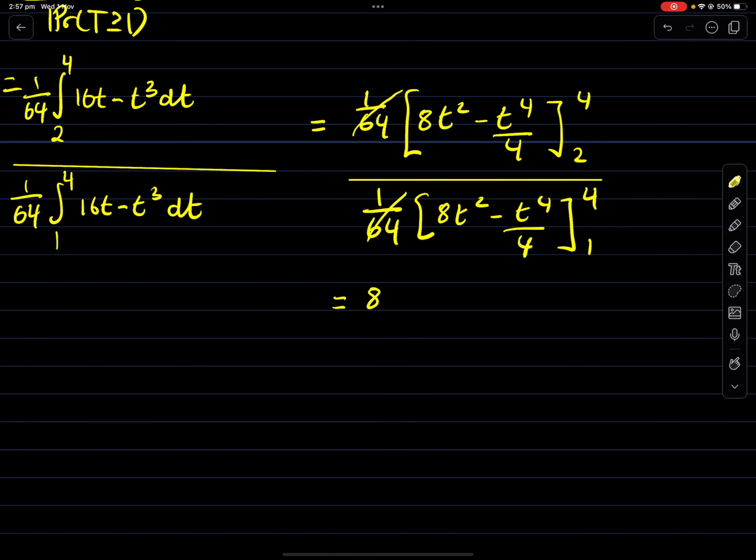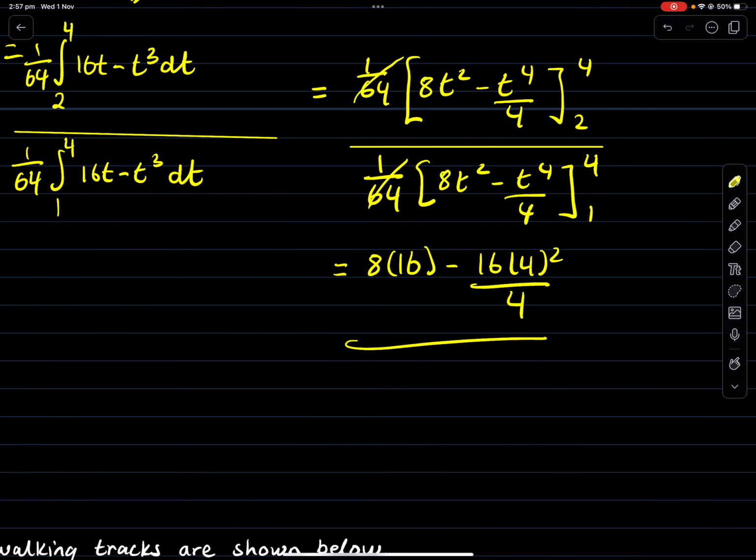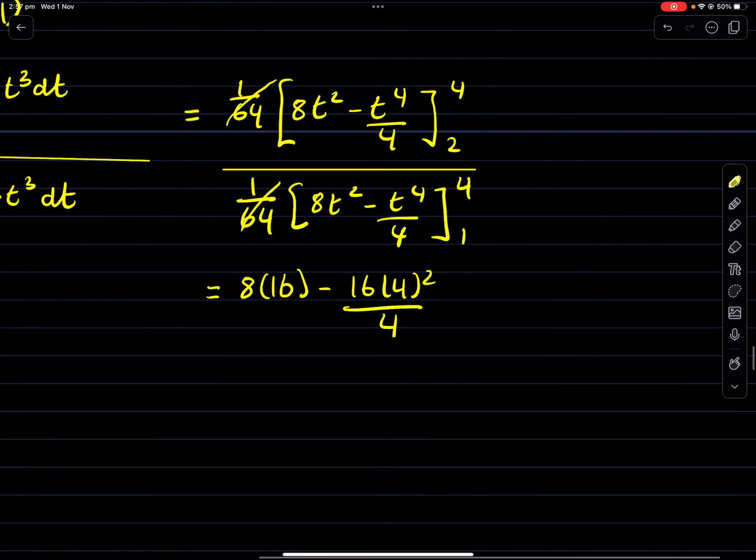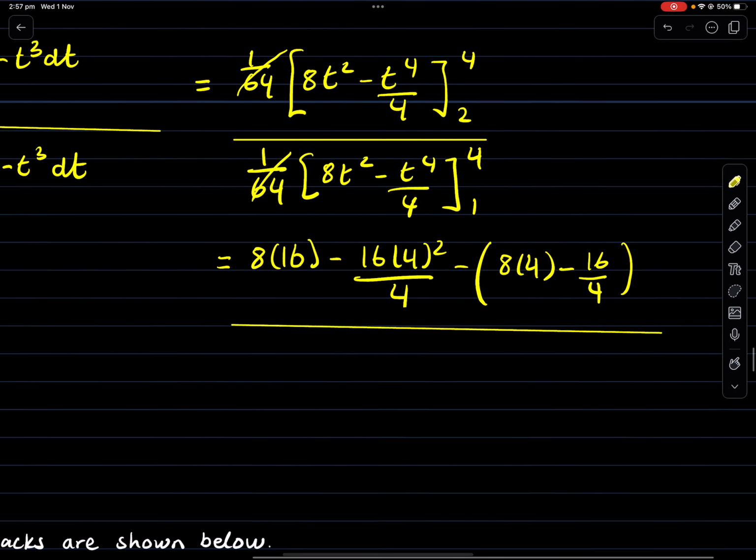So it'll be 8, so 16 minus 16 times 4 squared over 4, minus 8 times 4 minus 16 over 4, all over... wow, okay.